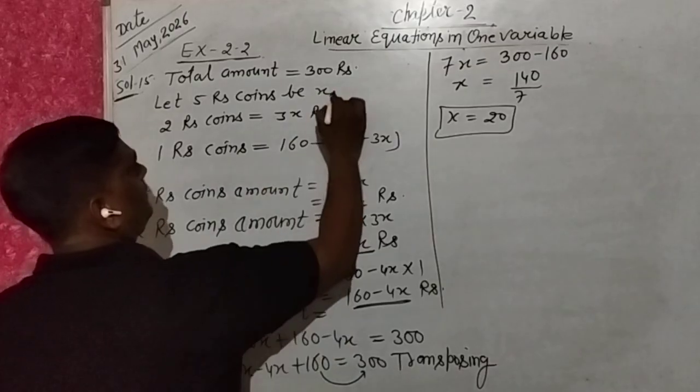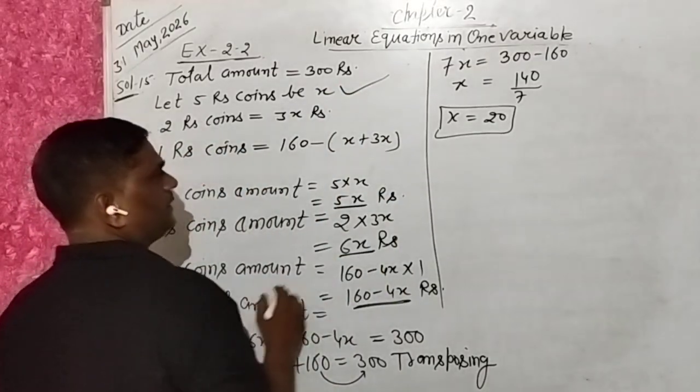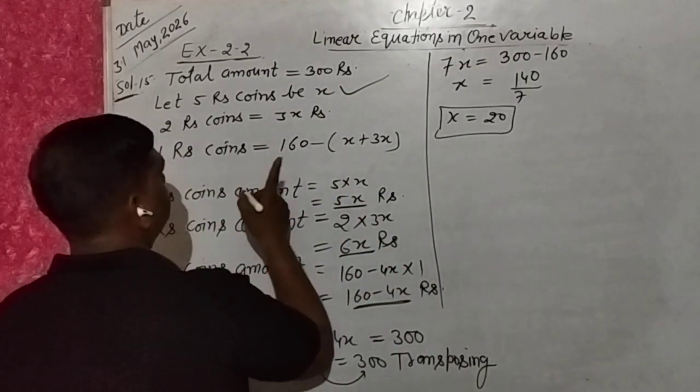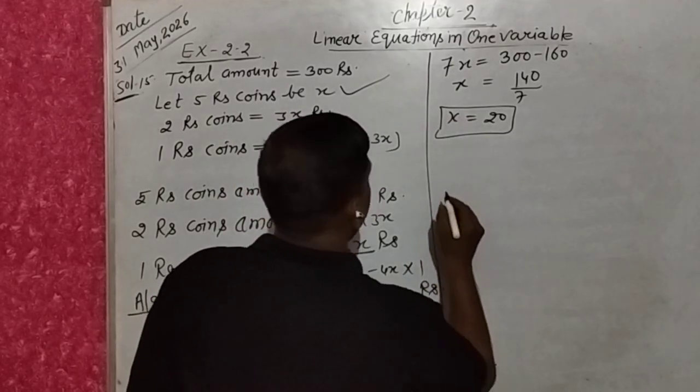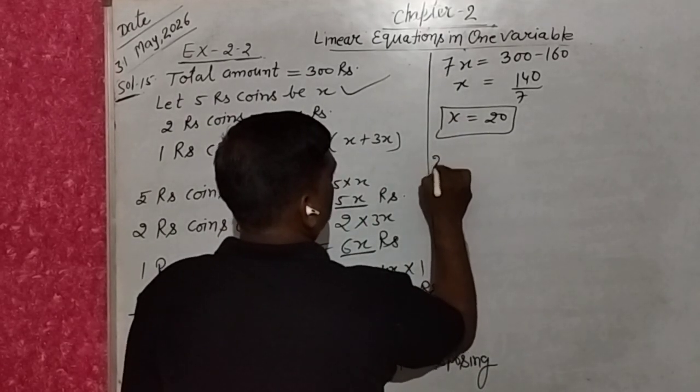What is the value of 20? The 5 rupees coins value is 20 and the 2 rupees.